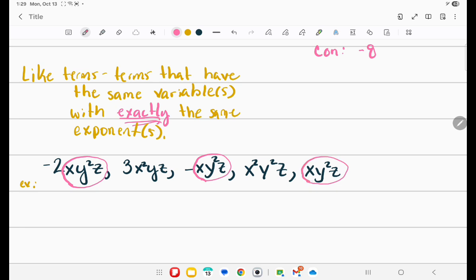Now let me break it down. Do all three of these have x, y, z? Yes. So they have the same variables. Now let's check the exponents. What's the exponent on the x? If you don't see a number, it's an understood 1. You can't say that's a 2 for that x. He got his own exponent. What's the exponent on this x? 1, right?